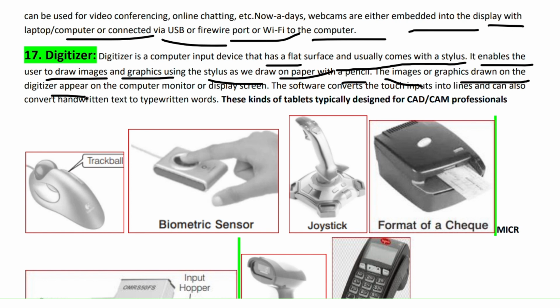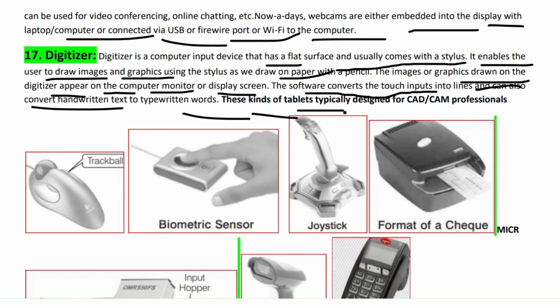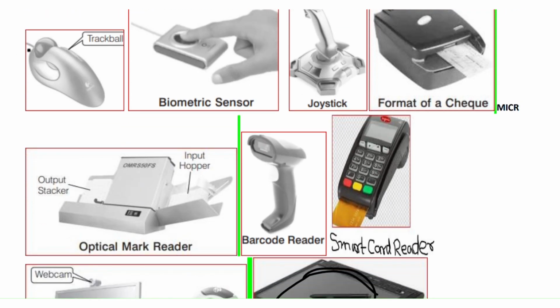The image or graphics drawn on the digitizer appear on the computer monitor or display screen. The software converts the touch input into lines and can also convert handwritten text to typewritten words. This kind of tablet is typically designed for CAD/CAM professionals.